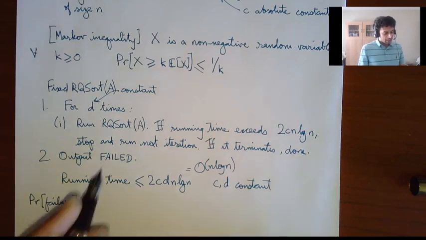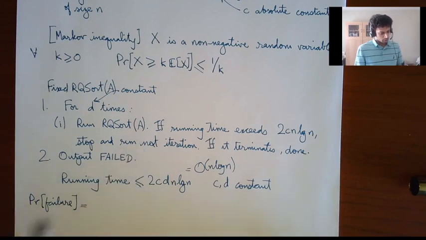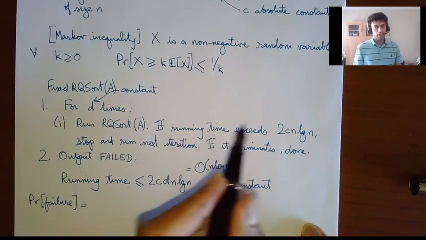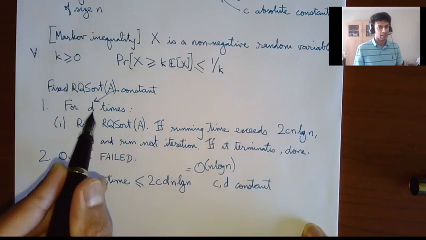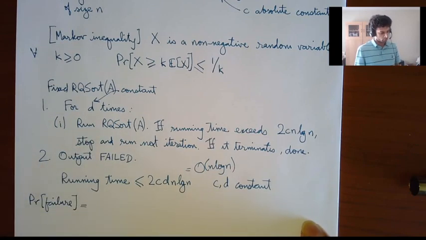Look at any individual iteration. In any individual iteration, if the running time exceeded 2cn log n, then it would fail. And this has to happen d times because there are d independent invocations.